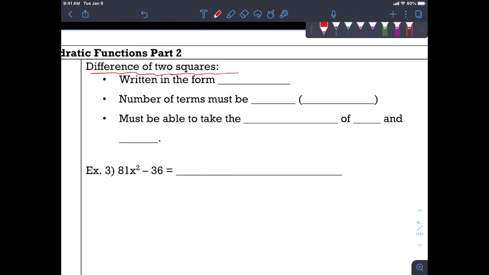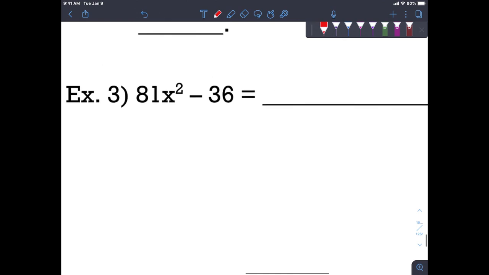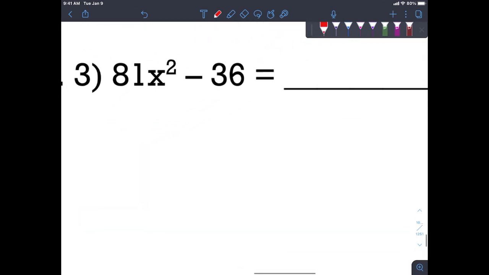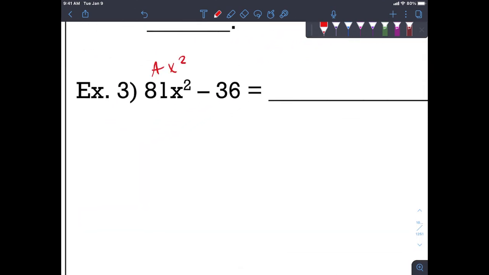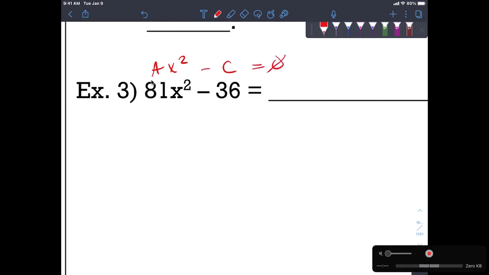All right. Now, we do have special cases of this called the difference of two squares. Always written in this form. The number of terms must be 2, and you must be able to take the square root of A and C. So whenever I see ax squared minus c equals 0, my immediate thought is to look at this number.